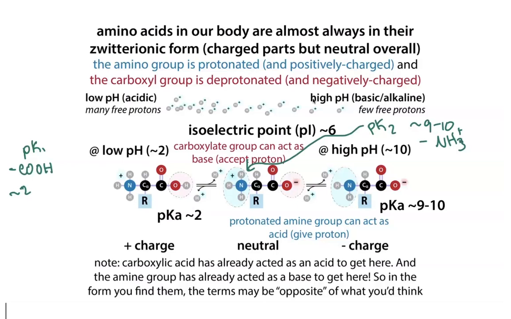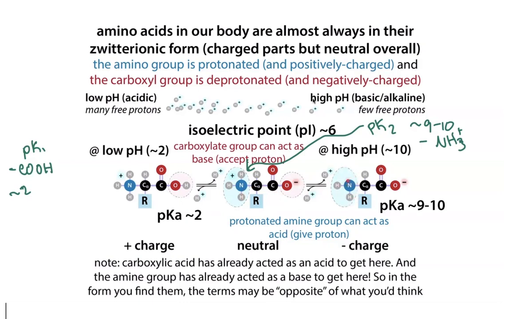So the carboxylic acid group is going to deprotonate, and the amino group is still going to be protonated. But what's going to happen if you increase the pH even more? Now you get the deprotonation of your amino group, and so now you get the conjugate base form.